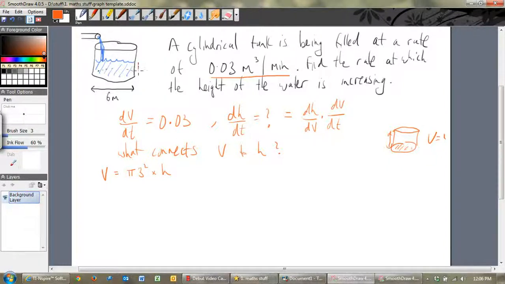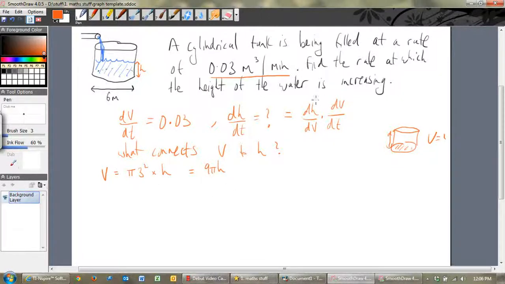The height we're talking about here is the height of the water, h. So here is a formula that connects volume to height. Let's just neaten that up. That's 9 pi h.